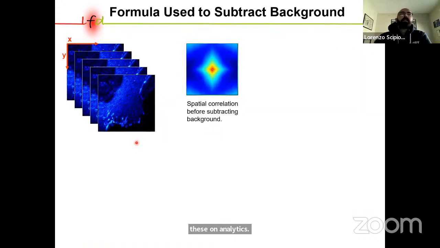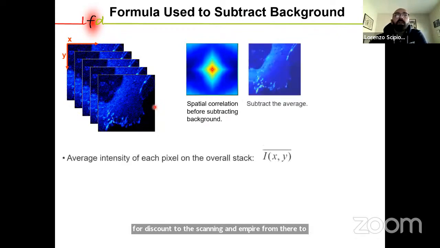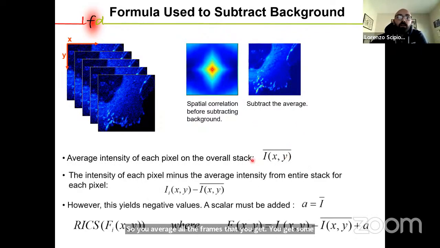And here is an example of what you would get if you don't subtract the immobile fraction. So you get this beautiful pattern that is due in part to the scanning and in part to the structures in the image. If you average all the frames, you get an average intensity image that you can subtract from your stack to remove the immobile fraction.